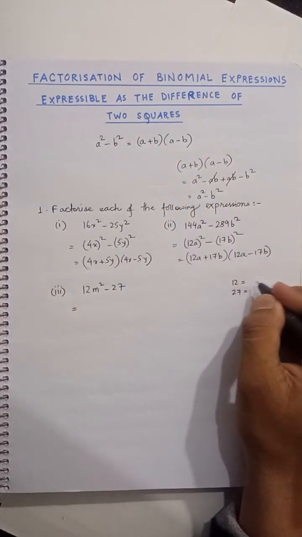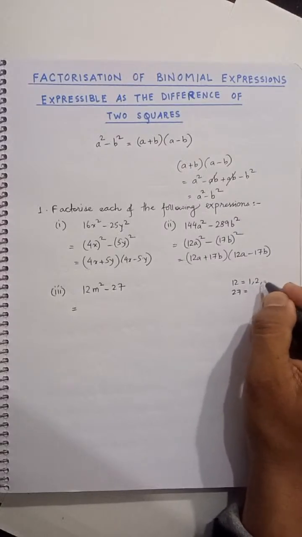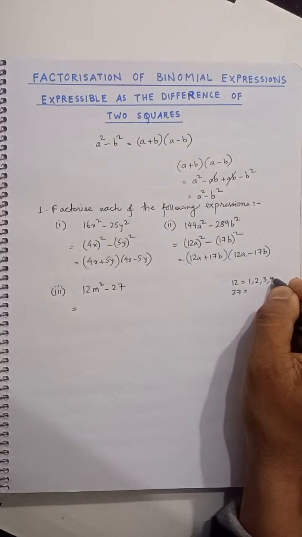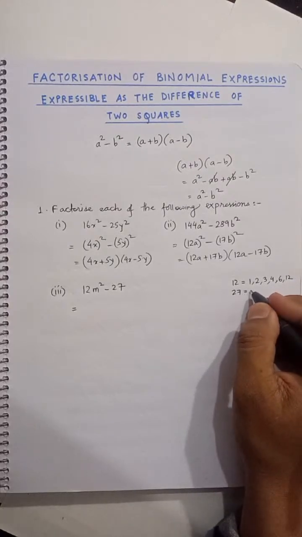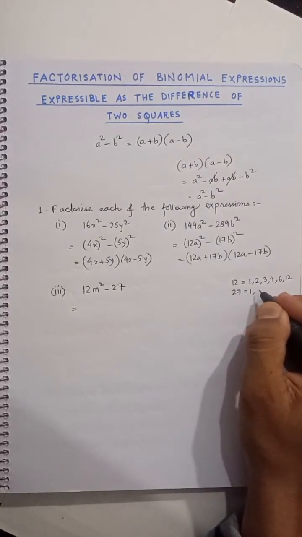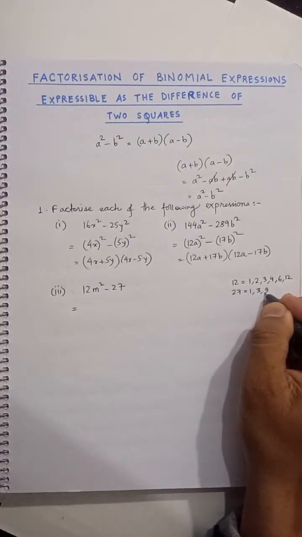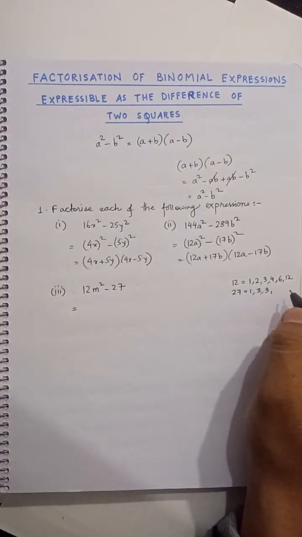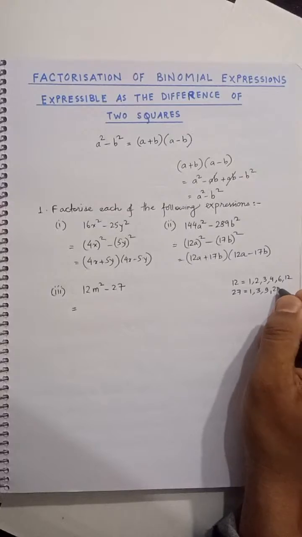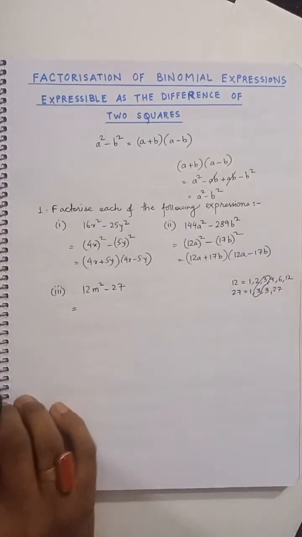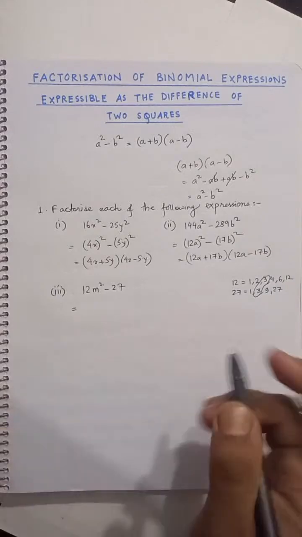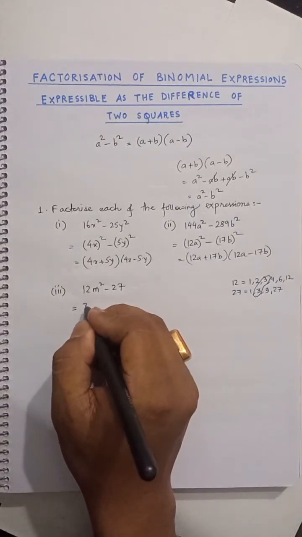Factors of 12: you have 1, 2, 3, 4, 6 and 12. And 27 is 1, 3, 9 and 27. So we have a common factor which is 3. So you can take the 3 out as a common factor.